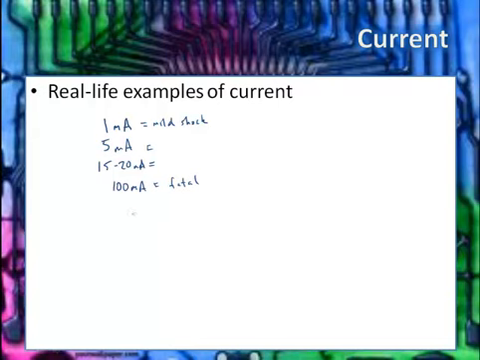Just a couple other examples of currents. I looked on the back of my monitor, and my monitor says that it runs off of 1.5 amps, so 1,500 milliamps. That could be quite dangerous if that went through my system.